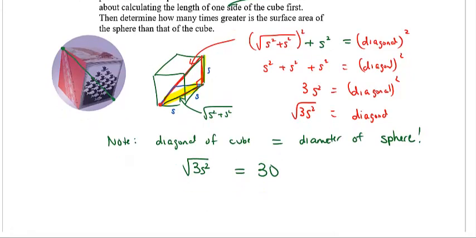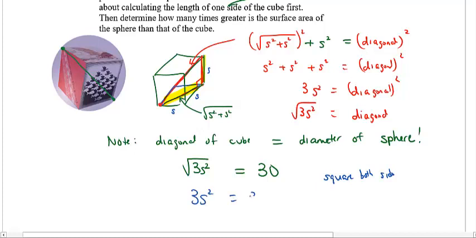And if you needed to actually solve for S now, because I will have to do that to find the surface area, we can do that. Well, it's weird with the square root, right? So if I want to get rid of the square root, I need to square both sides. So if I square both sides, I get this. 30 squared is 900. I can solve for S now.